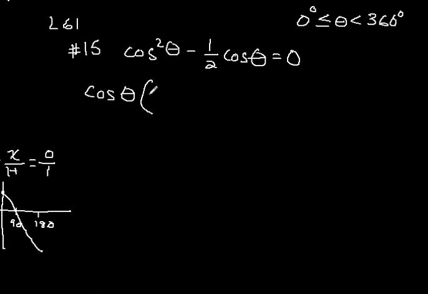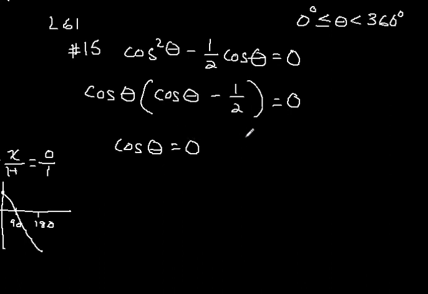And we're still left with the cosine of theta here, because we have 2. And here that comes out, so then we have 1/2. Now we set each of the factors equal to 0. Cosine of theta equals 0. And cosine of theta equals 1/2. We're not dealing with any 2 thetas or 3 thetas, so our angles have to be between these two angles.